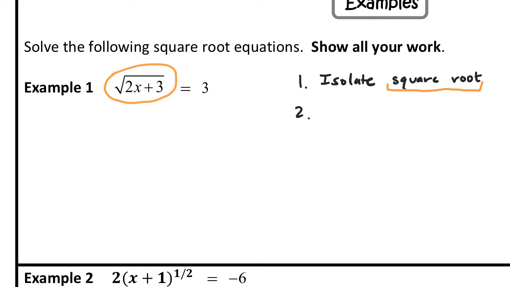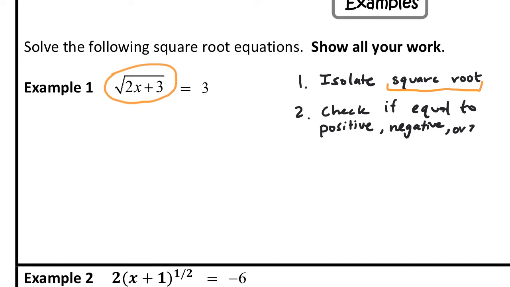check to see if it's equal to positive, negative, or 0.